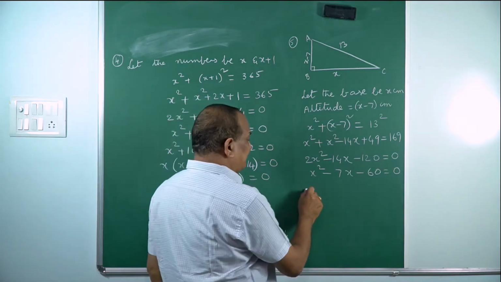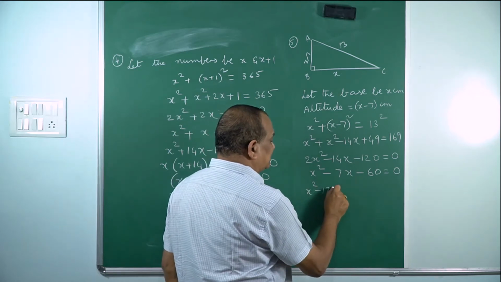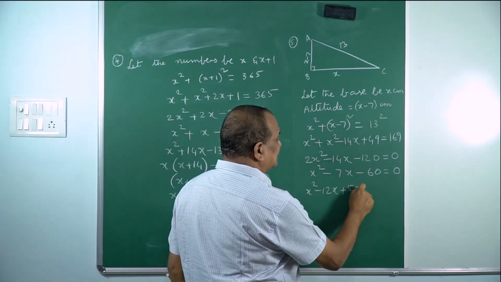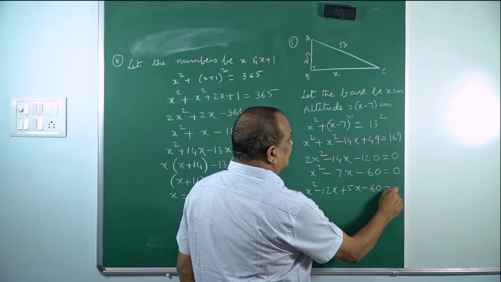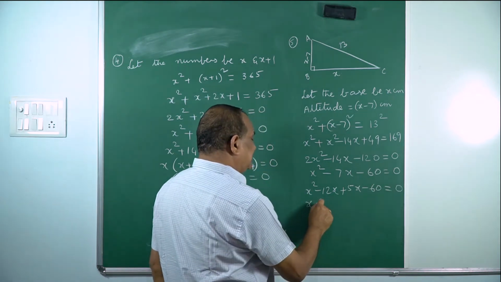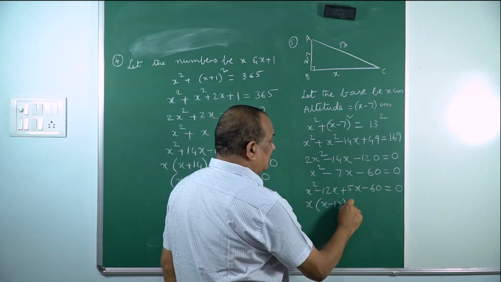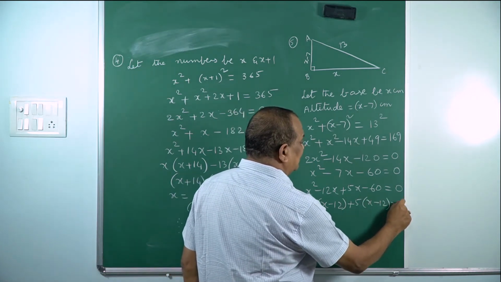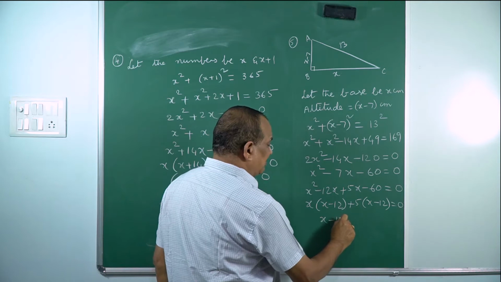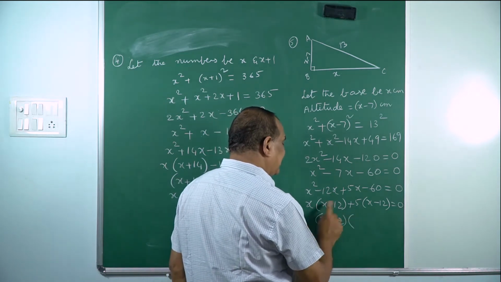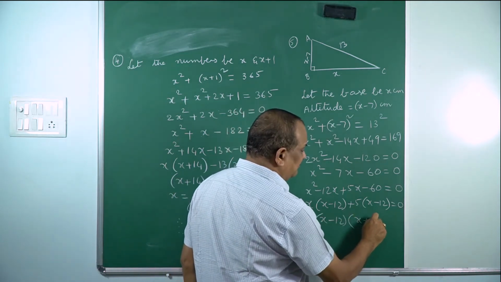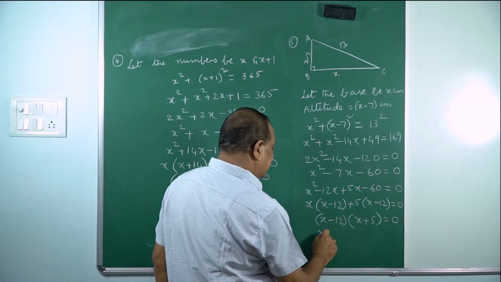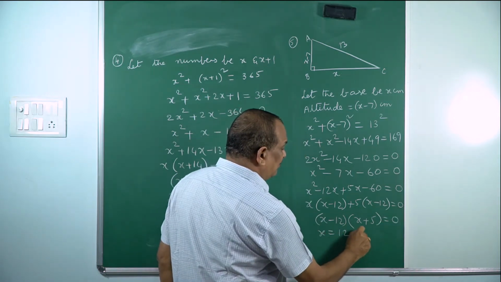So in place of minus 7, I am splitting that and writing x times x minus 12 plus 5 times x minus 12 equals 0, and x minus 12 is a common factor, leaving behind x plus 5 equals 0, and the x value is 12 or minus 5.